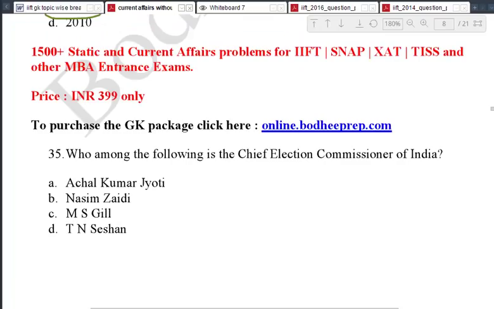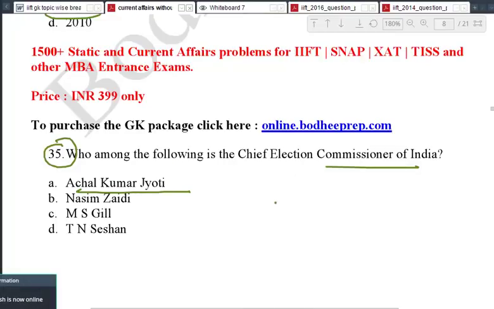Who among the following is the Chief Election Commissioner of India? Achal Kumar Jyoti. You must know the names of the high officials. This is very important, people.